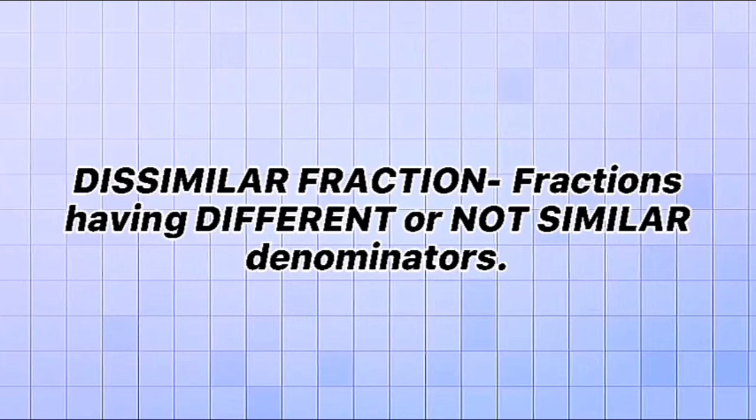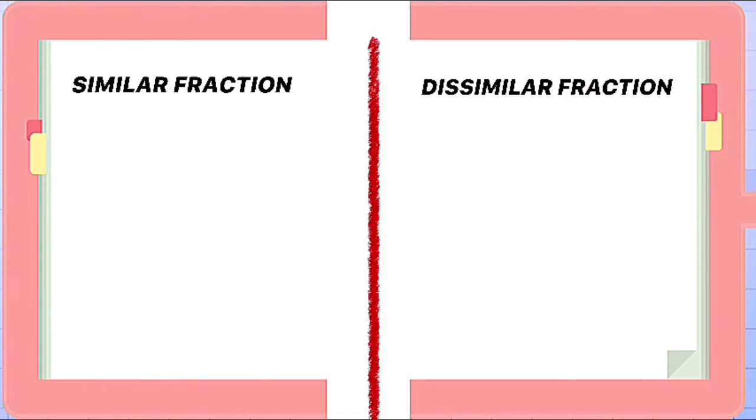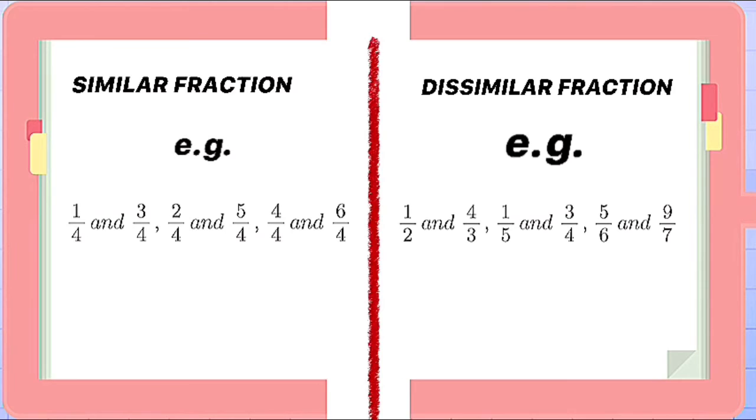Dissimilar fractions are the opposite of similar fractions. Similar fractions have similar denominators. The examples are 1/4 and 3/4, 2/4 and 5 over 4, 4 over 4 and 6 over 4. While dissimilar fractions have different denominators. Examples are 1/2 and 4 over 3, 1/5 and 3/4, 5 over 6 and 9 over 7.